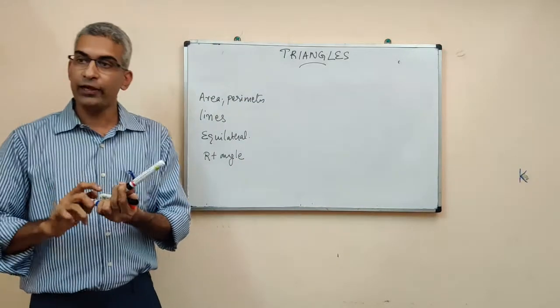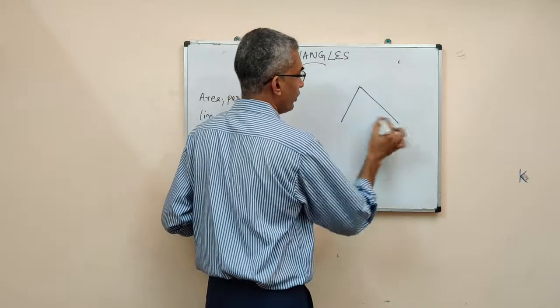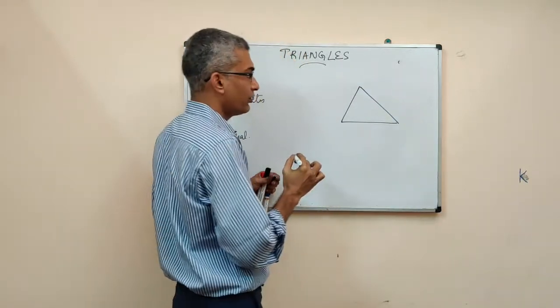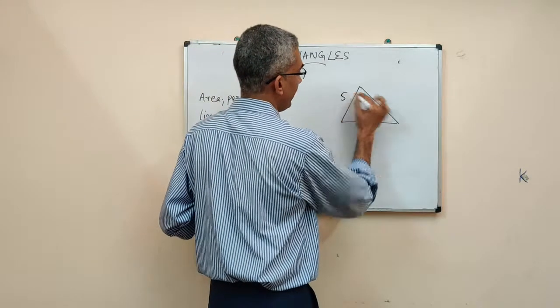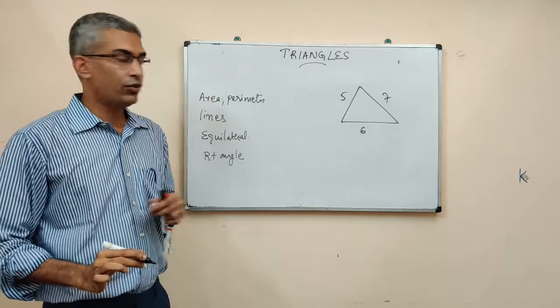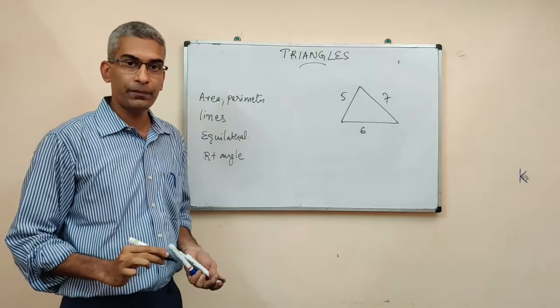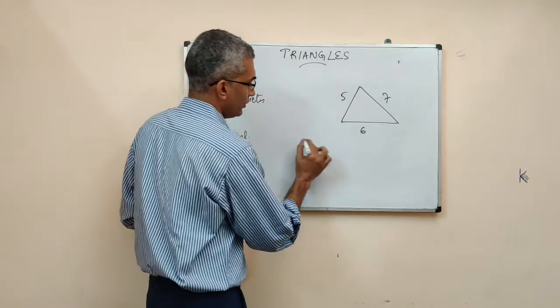Another method is Heron's formula, wherein if you know the values of all the three sides of a triangle, let us say this is 5, this is 6 and this is 7, and you don't know the altitude, you can use Heron's formula to find the area of this triangle.